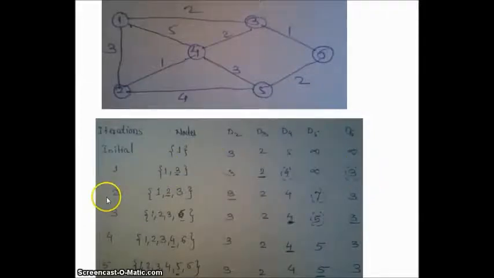Similarly, for the next iteration we have to find the next least count. Previously it was 2, now it is 3. So we will think of node 2. It has been added over here, and the hop count distances have been revised once again.